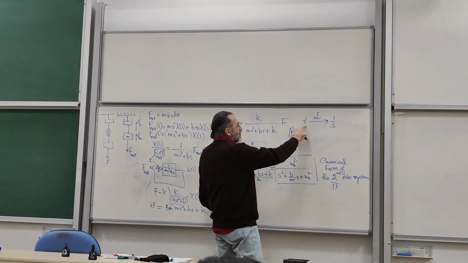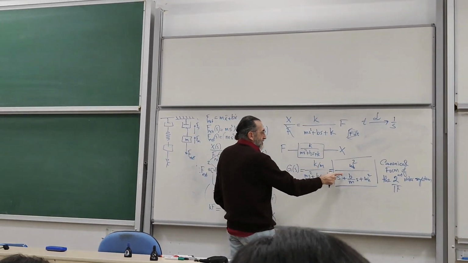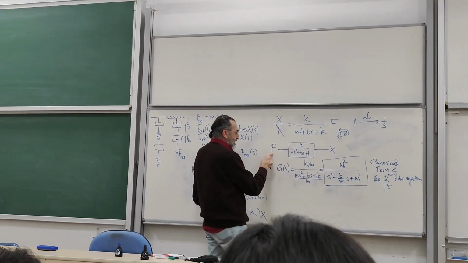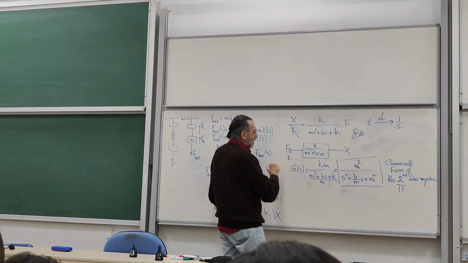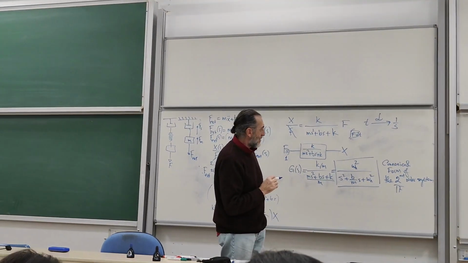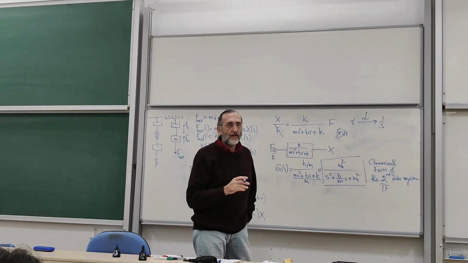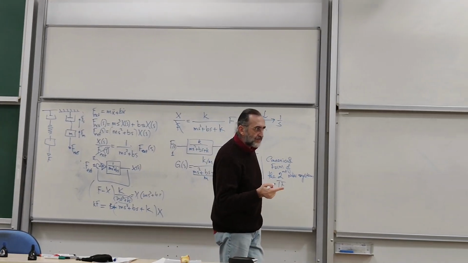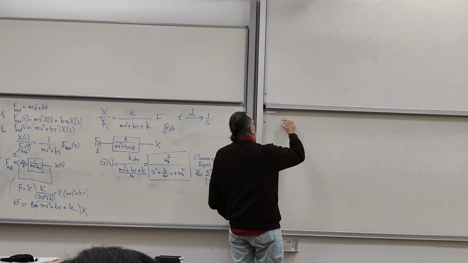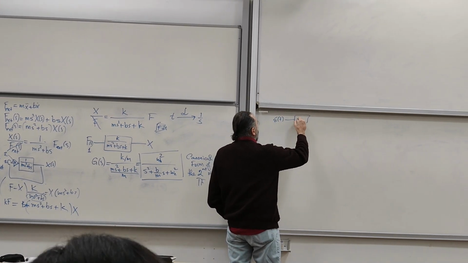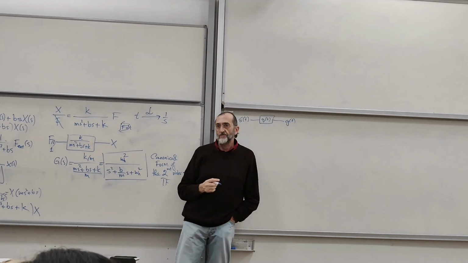So when you try to see what the output of the system is going to be if you give a unit impulse, which in that case F of s is going to be 1, as you remember. What is the impulse response of the system? You remember that the impulse response characterizes the system, because if you give delta of t to any linear time invariant system, you get the system itself, the impulse response.